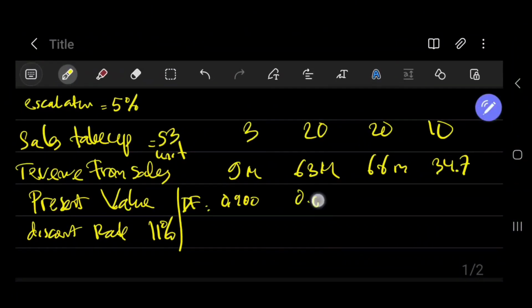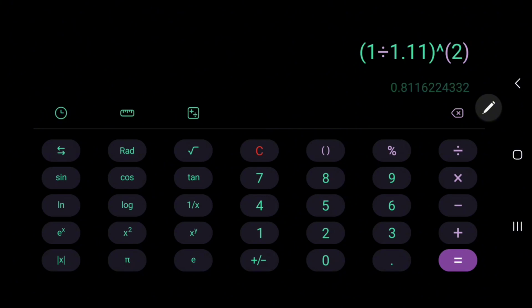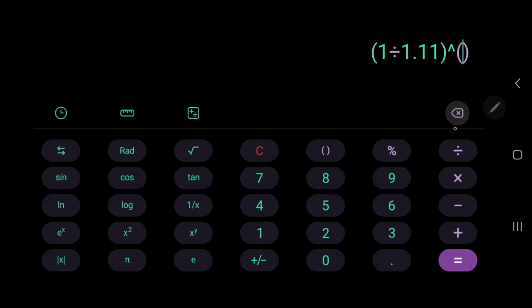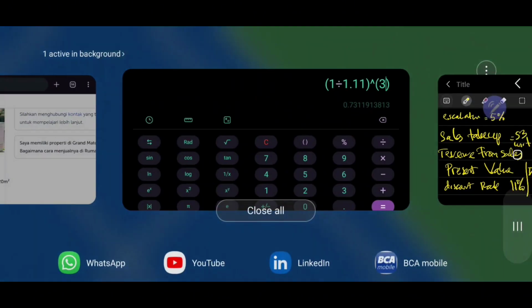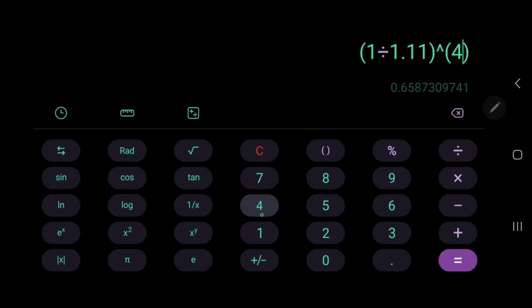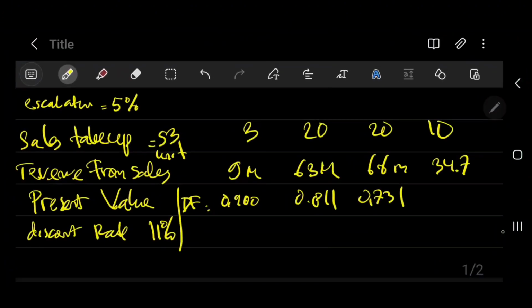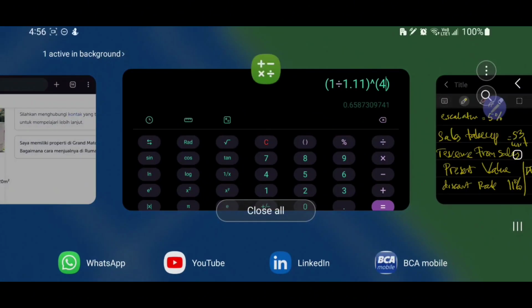So we got 0.811. And for the third year, we change it to power of 3. So it's 0.73. And for the fourth year, we use power of 4 and it is 0.658. Let's summarize all of it. We sum it.